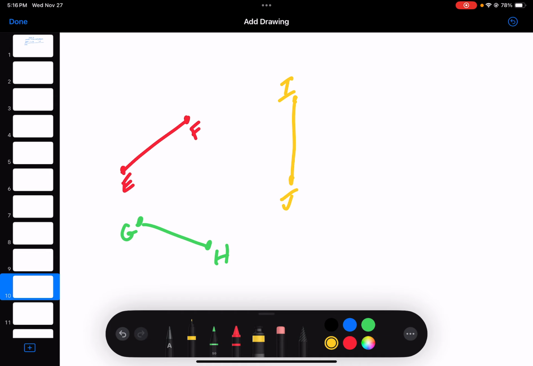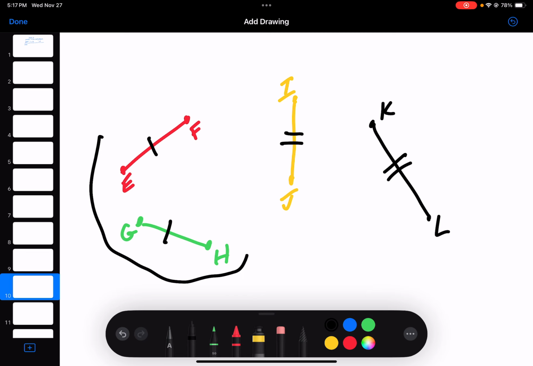Let's go with black. Line segment KL. All right, and then we slice them with some bars. So the tick marks here that I wrote in black are sometimes used to show that line segments are congruent. So the same number of tick marks shows which segments are congruent to each other.